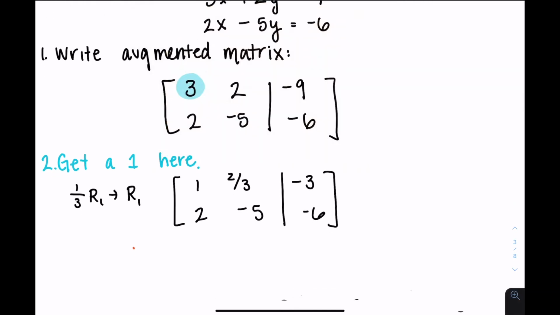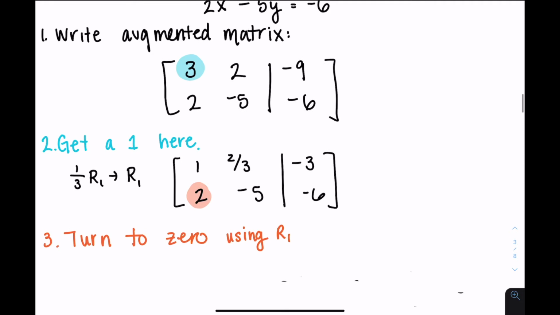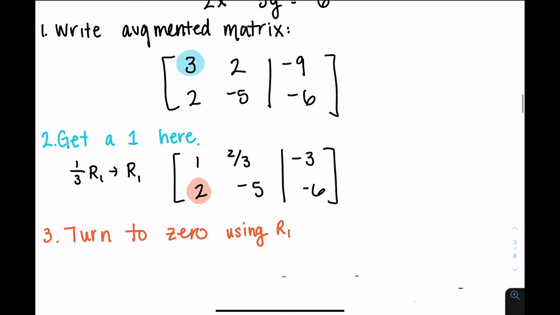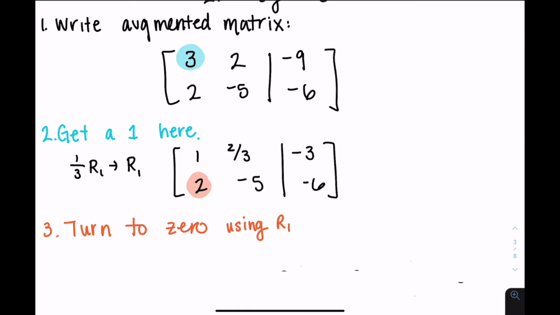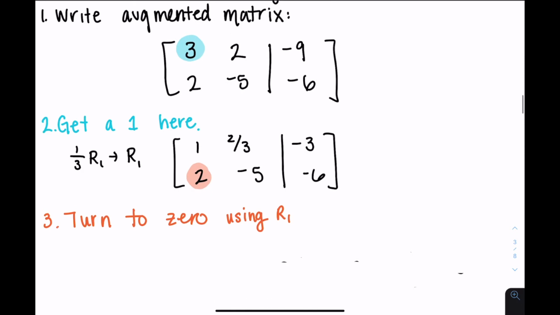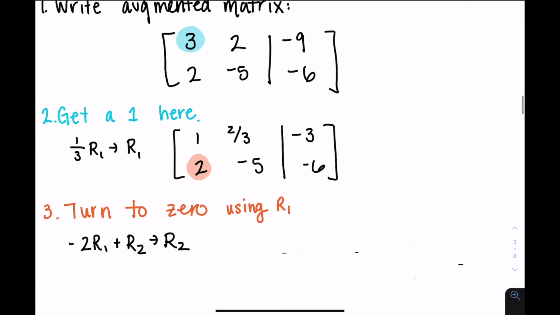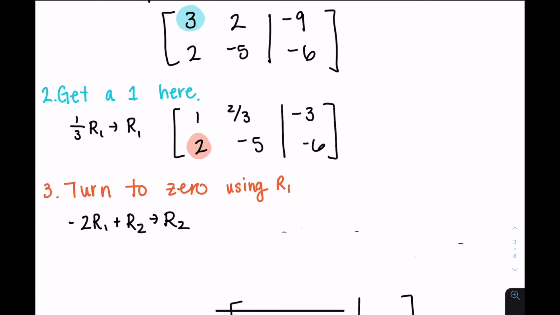Now that I've got a 1 in that position, I need to turn this into a 0 to get that diagonal form. And I'm going to use that 1 in that key spot right there. It's called a pivot spot. So what I need to do is take this number, multiply it by -2, and add it to this one. So the row operation I want to do is -2 times the first row plus the second row becomes my new second row.